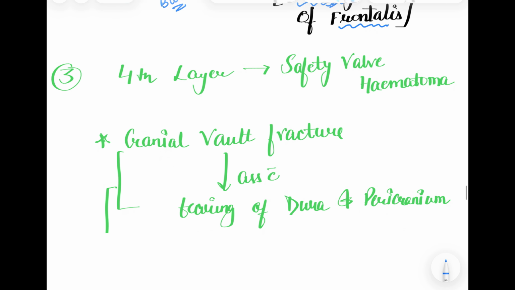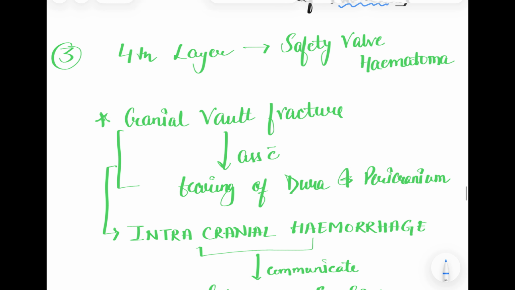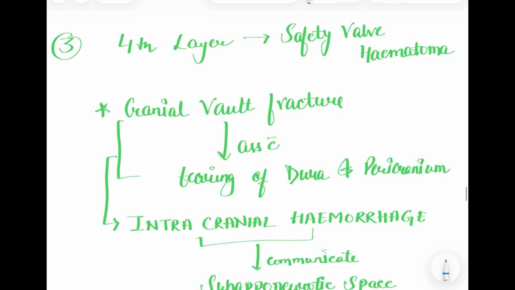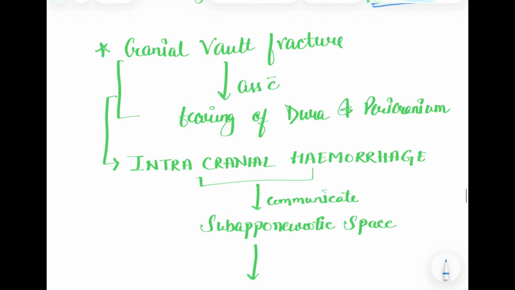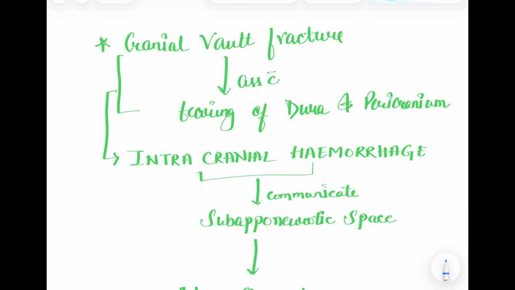Now the third applied aspect is that the fourth layer has another role, that is safety valve hematoma. So why are we calling it a safety valve hematoma? There is a theory behind this also: whenever the vault fractures, there is going to be a tearing of the dura and the pericranium, right?